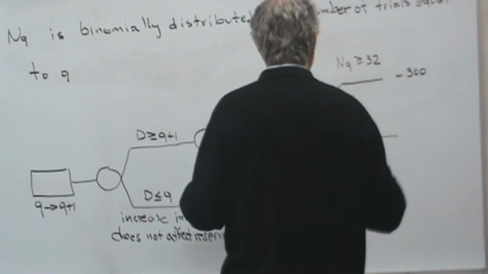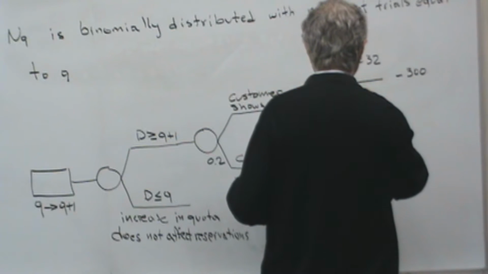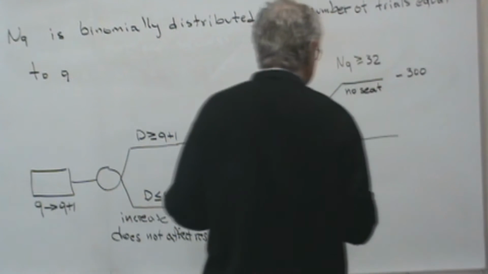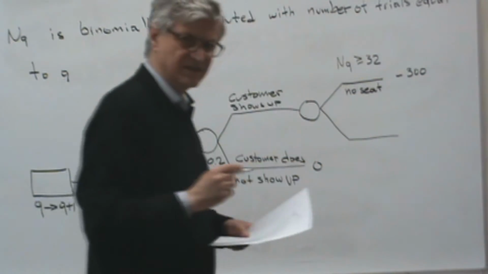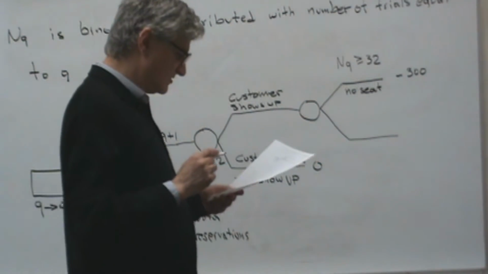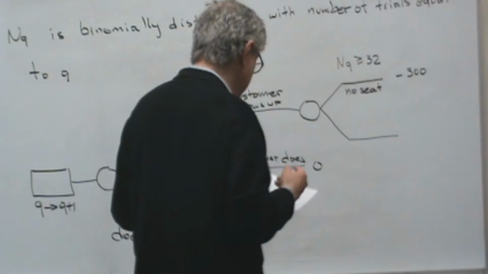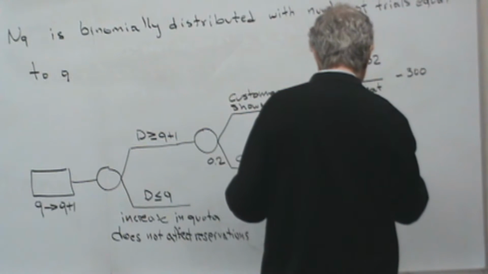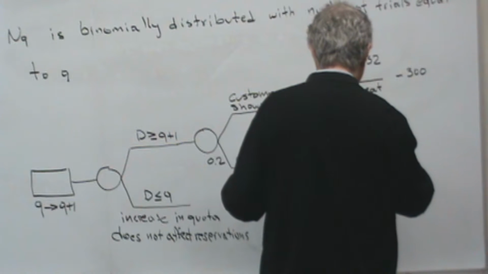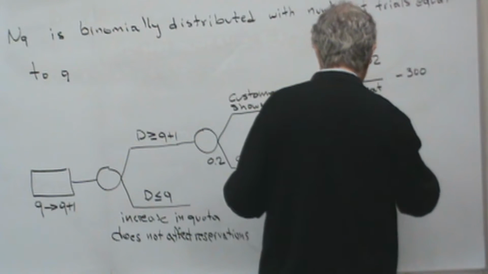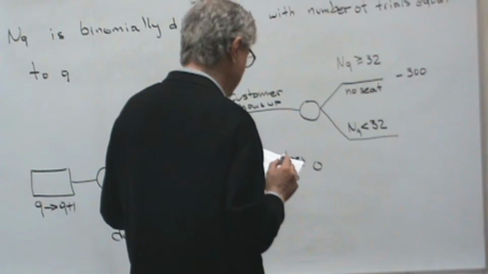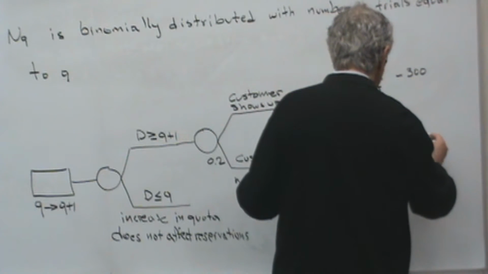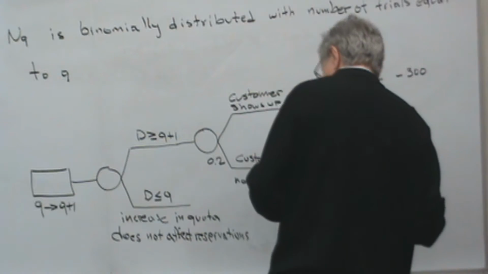There's no seat in this case, so we compensate the customer, paying $300. Otherwise, if we can accommodate the customer, because several customers did not show up, if NQ is less than 32, we get an extra $600.